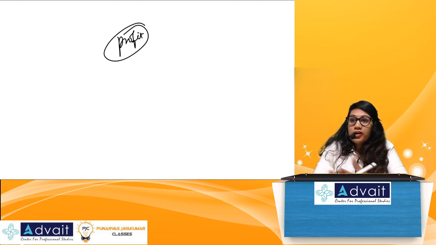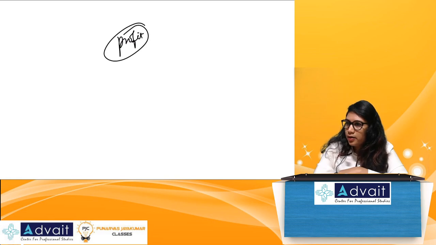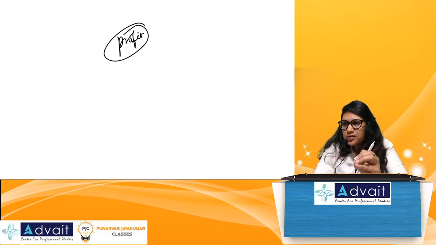What is so different about cost accounting that we need to study a separate subject for 100 marks and break our head? So there are some differences between financial accounting and cost accounting. Okay, there are certain things that only cost accounting addresses. Financial accounting does not address those things.